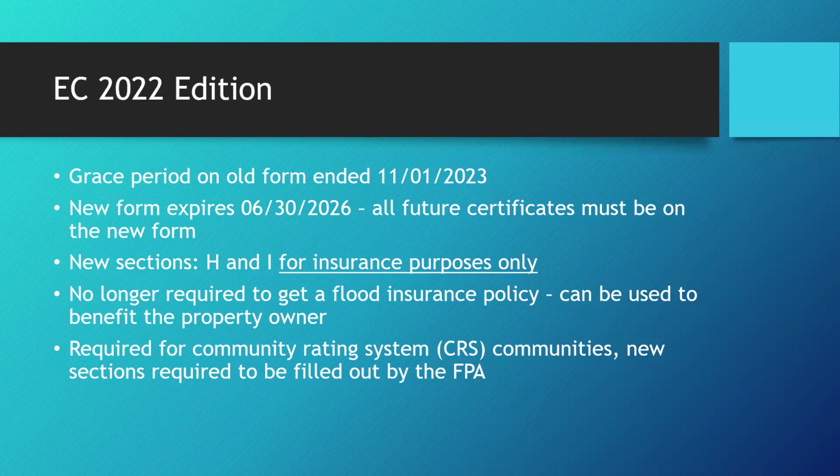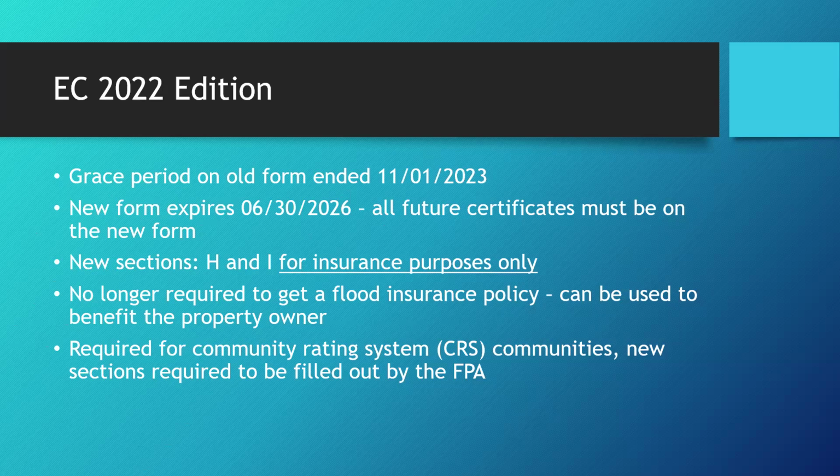So the new sections that they have added to the current form are H and I for insurance purposes only. And so that's why anyone can fill those out. It's just for an insurance policy.